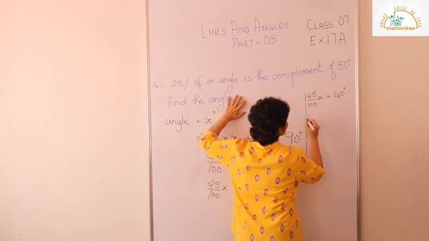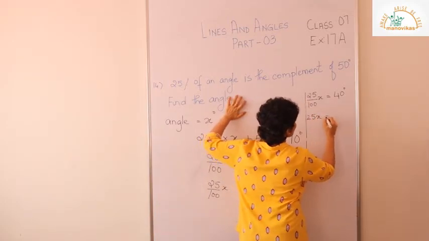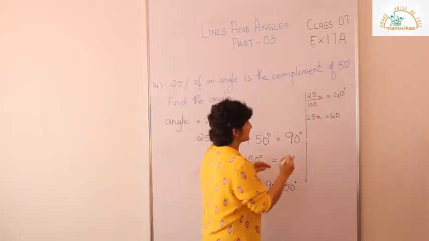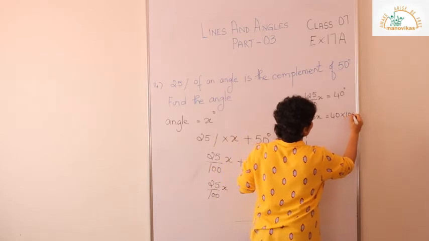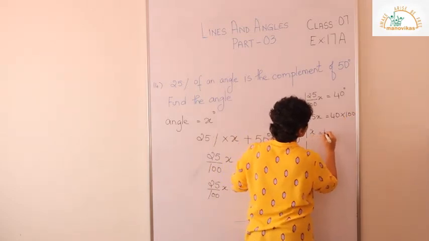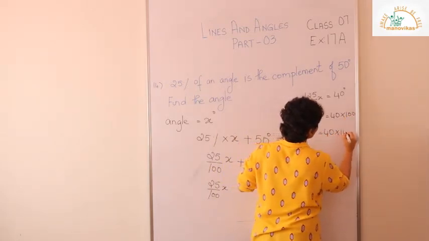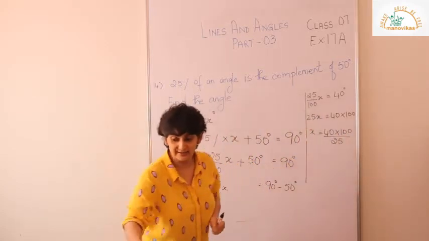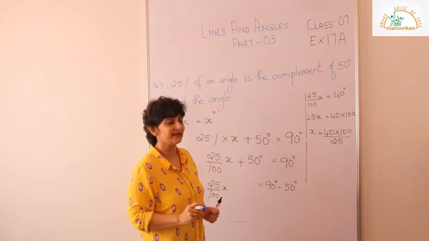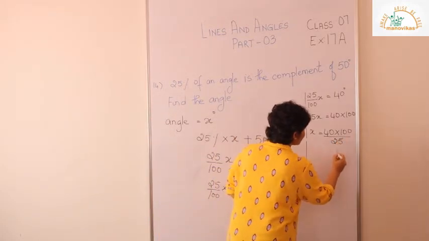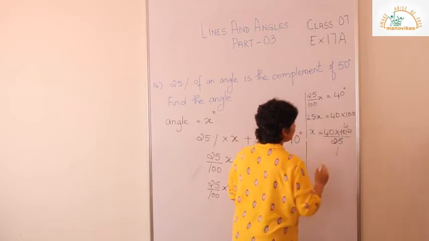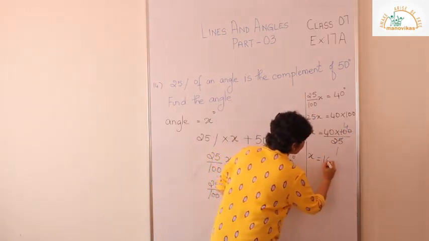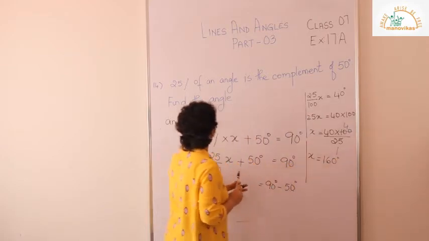Now 25x is equal to 40 upon 100. When I take it that side, it becomes multiplied by 100. So x is equal to 40 into 100 upon 25. When I reduce, what do I get, children? 25 1s are 25, 25 4s are 100. So x is equal to 160 degrees.